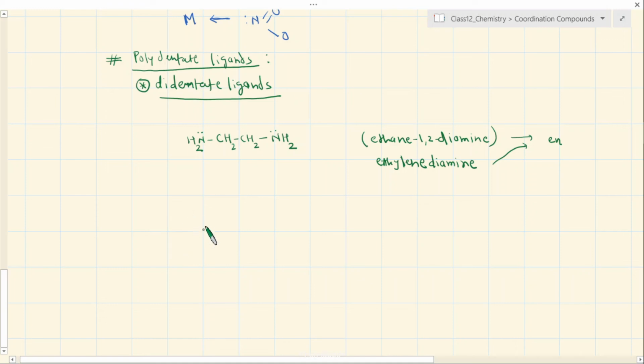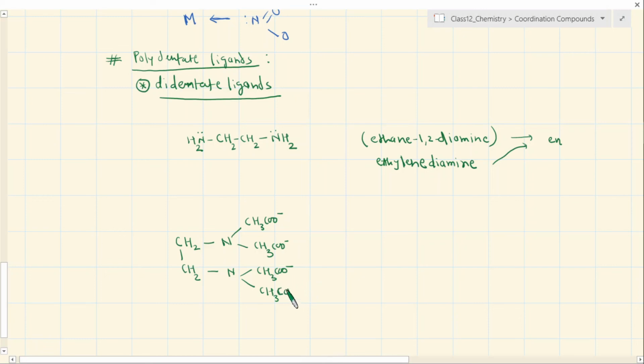Another important ligand which is given in your syllabus is ethylene diamine tetraacetate. The structure is like CH2 CH2, again ethylene, ethylene diamine, where here you have nitrogen similarly, but on the nitrogen the two hydrogens are replaced by acetate groups, CH2COO minus, and here also on this nitrogen, CH2COO minus.